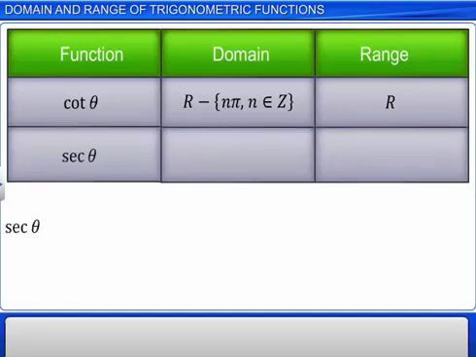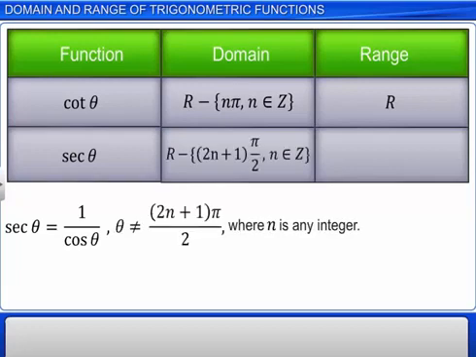Secant theta is equal to 1 divided by cos theta. This function is defined for all theta belonging to the set of real numbers not equal to 2n plus 1 into pi by 2, where n is any integer. This is the domain of secant theta. The value of secant theta does not lie between minus 1 and 1.